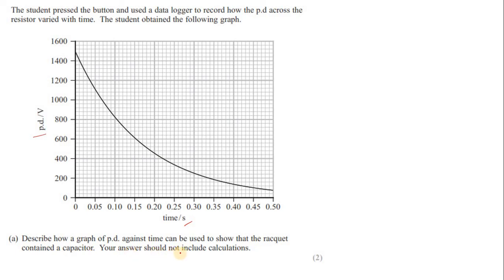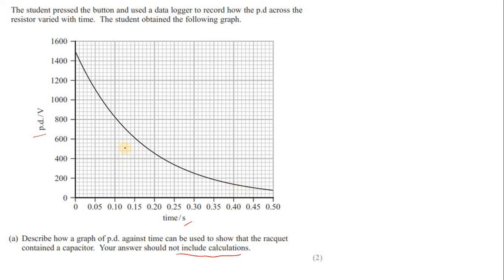Your answer should not include calculation. We do not need to do any calculation. We need to give at least one idea to show that if there is a capacitor, this is the decay graph of the charge of a capacitor, or the voltage of a capacitor.